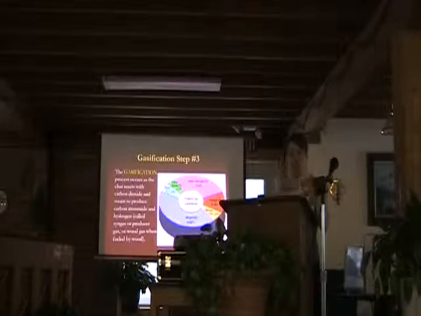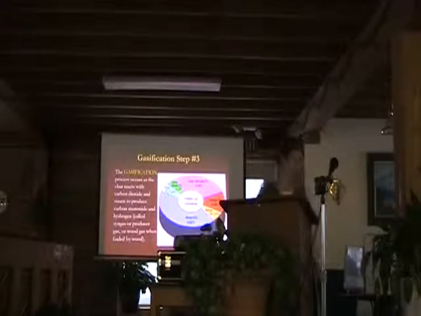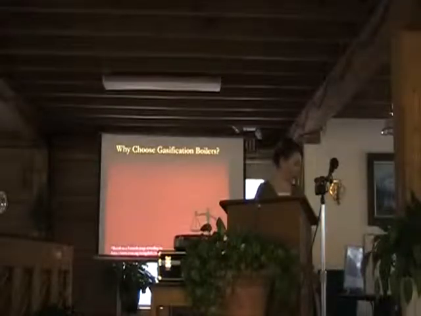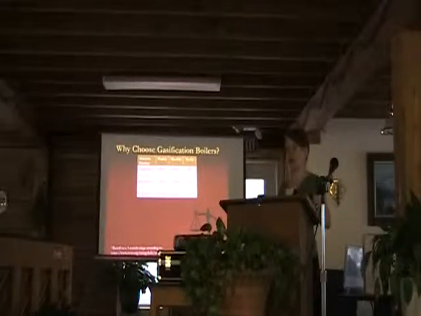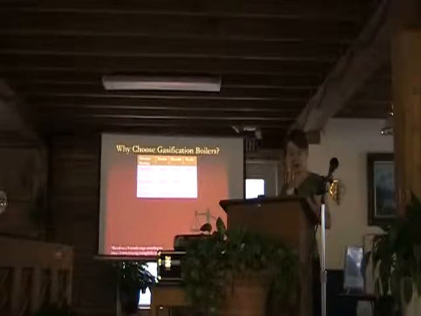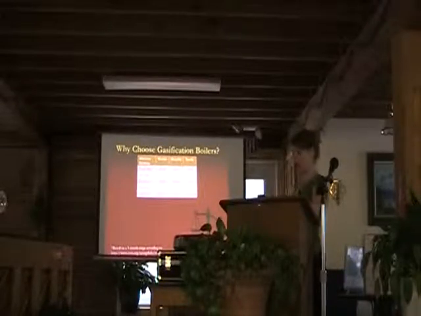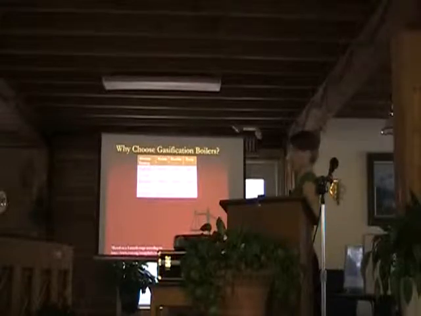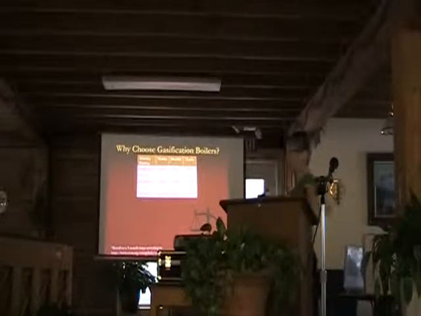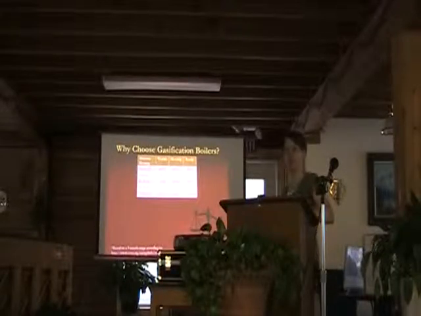So the next question is, why would we want to choose gasification boilers over barrel stoves? So here I have a little section of the spreadsheet showing how much I pay for cords per year, which is yearly $4,070. How much that would, my stacking time, how much money that would equal, and it's $352, and that is really a conservative price.